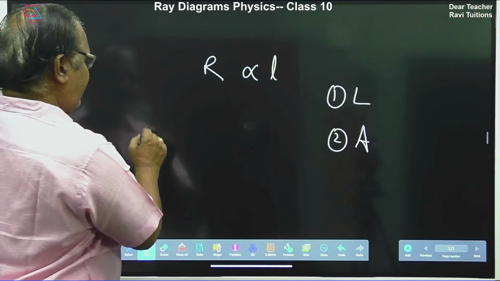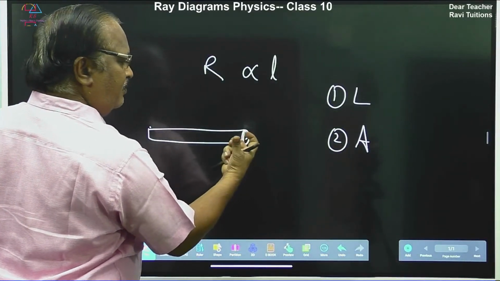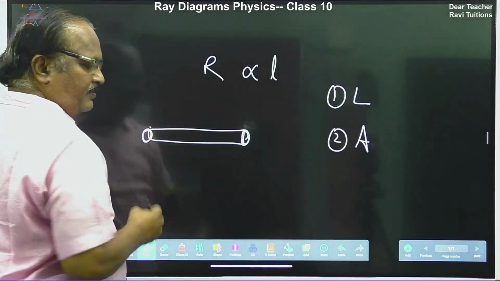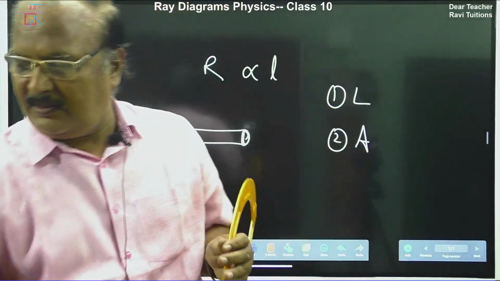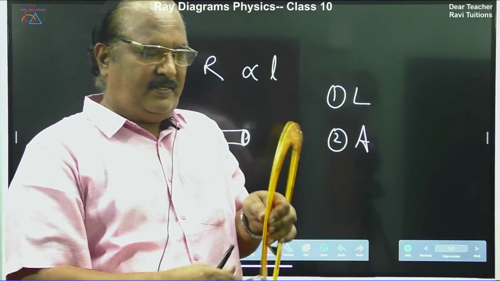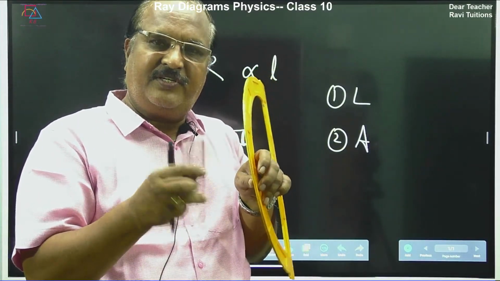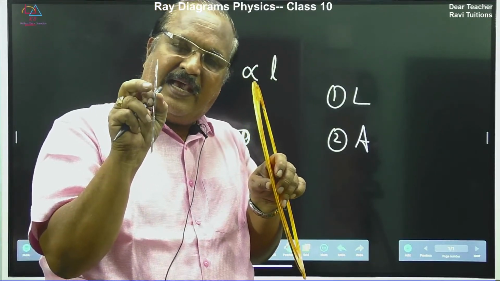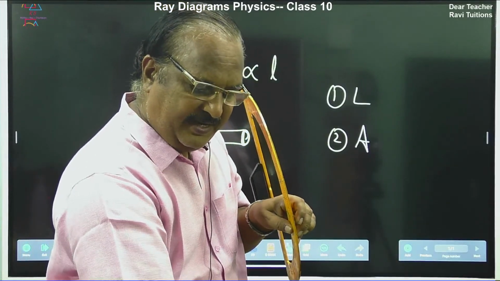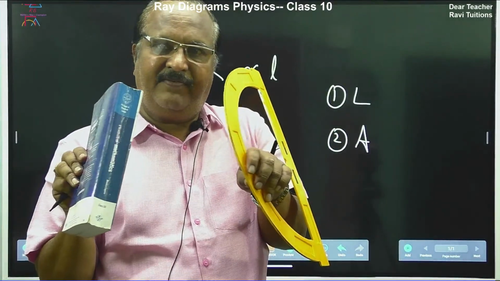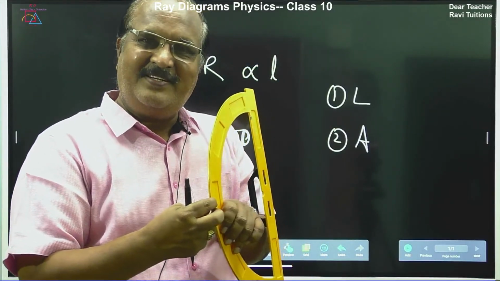If this is a conductor, the thickness is what we call the area of cross section. I will give you an example. The thickness of this instrument is the area of cross section. This scale has a less area of cross section. This has more. If I take this book, the area of cross section is very high. So area of cross section is the thickness of the conductor.